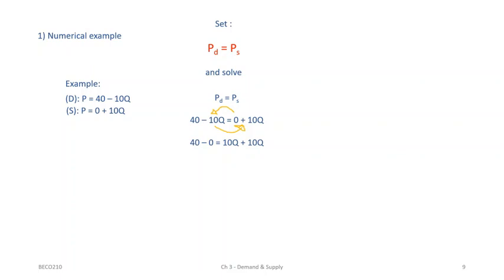So we move the number, for example 0, to the left side. Let's remember that whenever we have this kind of equation, Q equals 40 over 20.